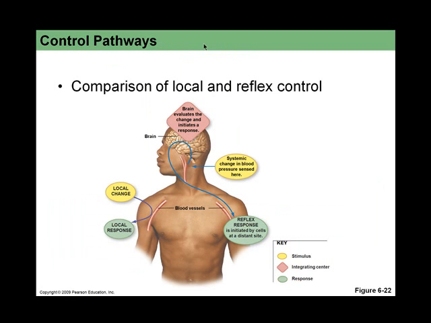Okay, so the control pathways, comparison of local and reflex control is considered on this slide. So in the center, we have the brain that evaluates the change and initiates the response. And then we have systemic change in blood pressure that can be sensed in the carotid sinus, in the arteries of the neck, bringing blood to the brain.